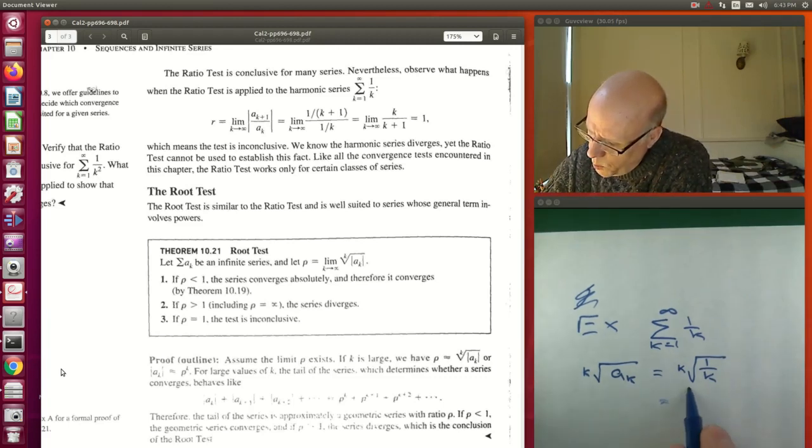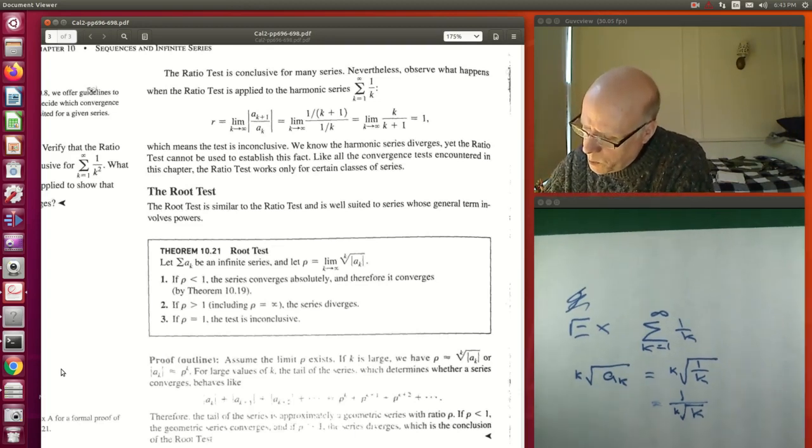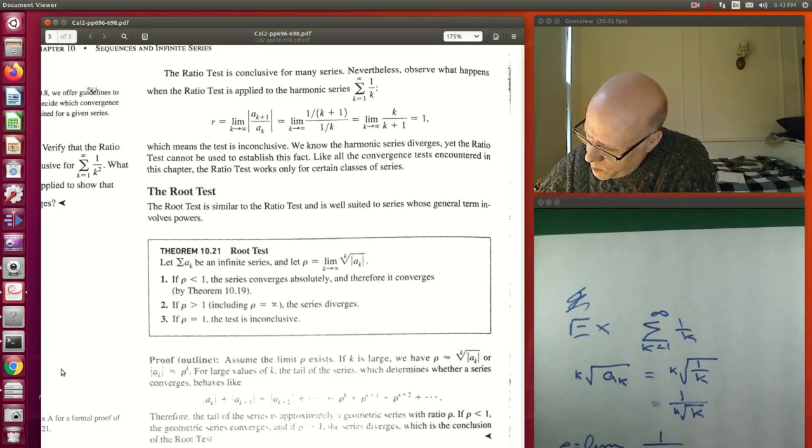That's equal to 1 over the kth root of k. And can we figure out what happens as we take the limit? This is what rho is. Rho is equal to the limit as k goes to infinity of 1 over the kth root of k.